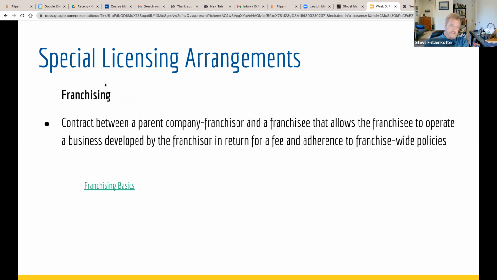But one special licensing agreement is where you have a contract between the franchisor and the franchisee. If you drive down the street near the university, you'll see a lot of businesses that are franchise businesses. It's a very, very common business model.